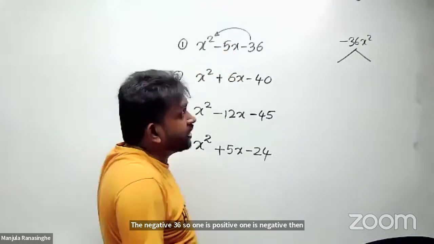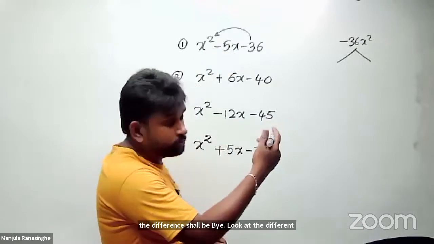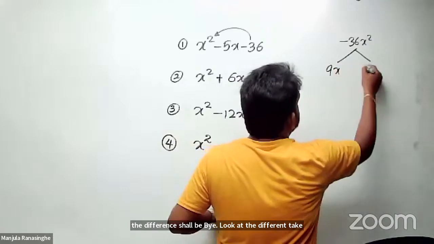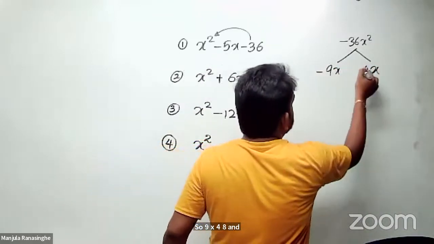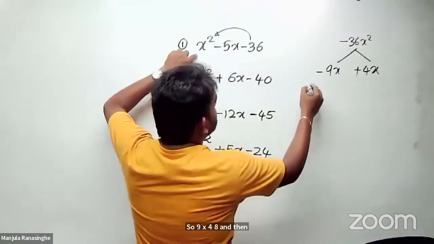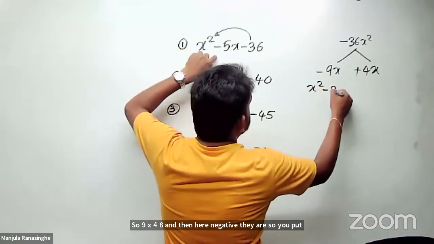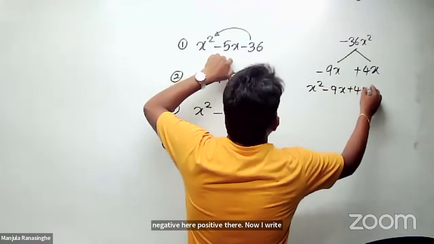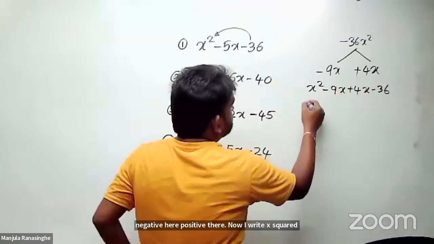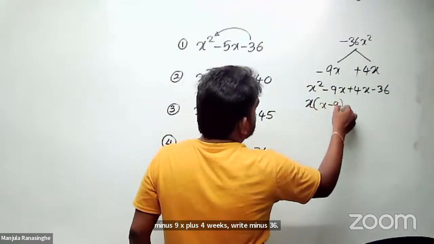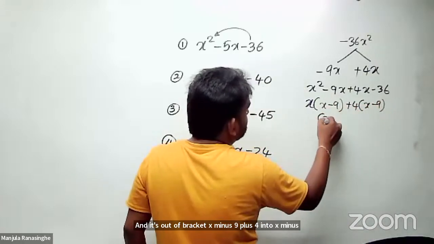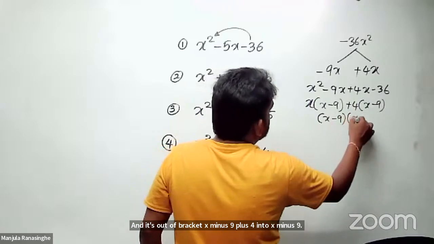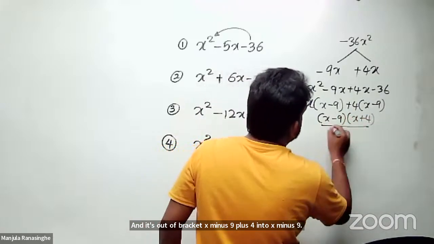Look at the pair with difference 5: 9 and 4. So 9x and 4x, and here negative, there positive. Now I write x squared minus 9x plus 4x minus 36. Then x out of bracket: x into x minus 9 plus 4 into x minus 9. Here x minus 9 is common, so x plus 4 is the other factor.